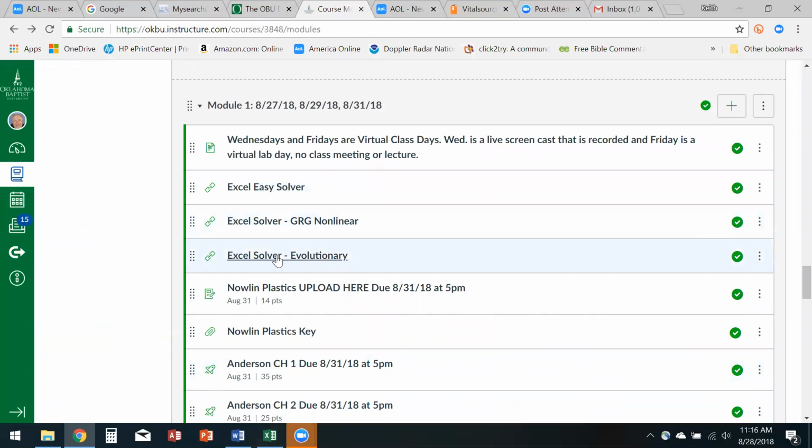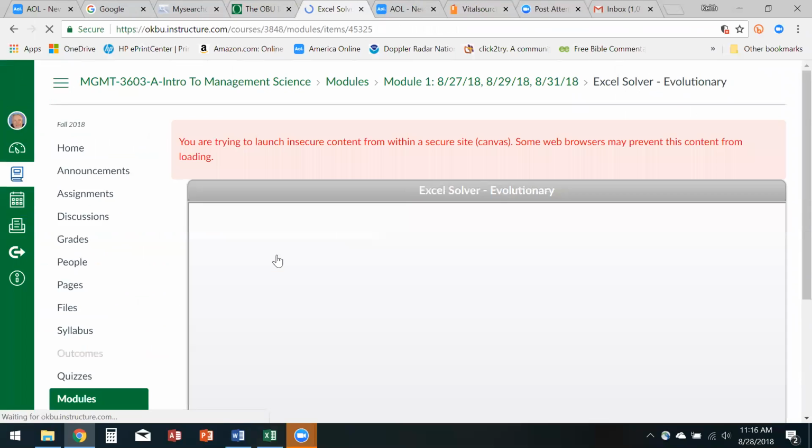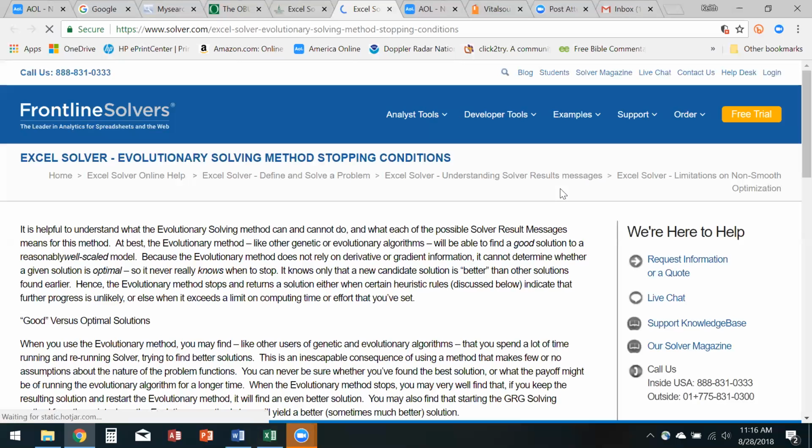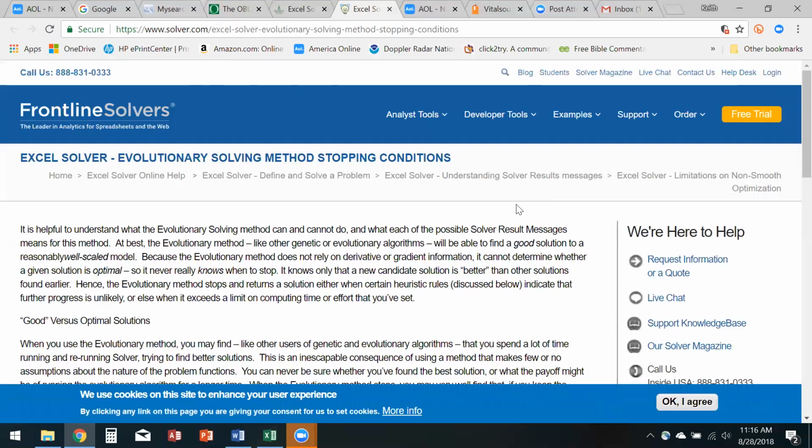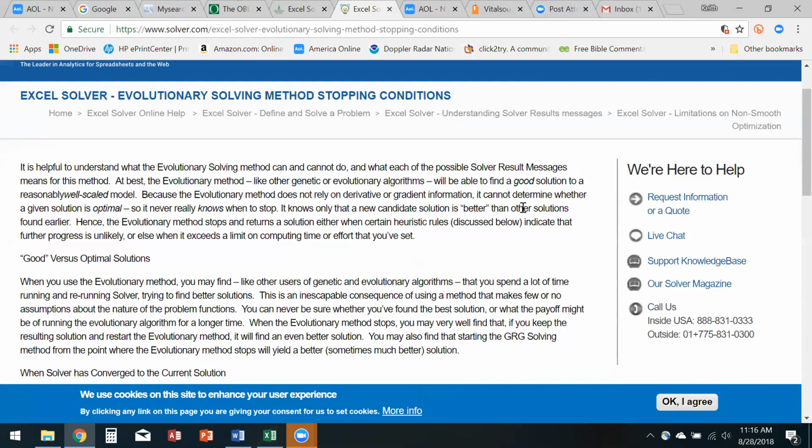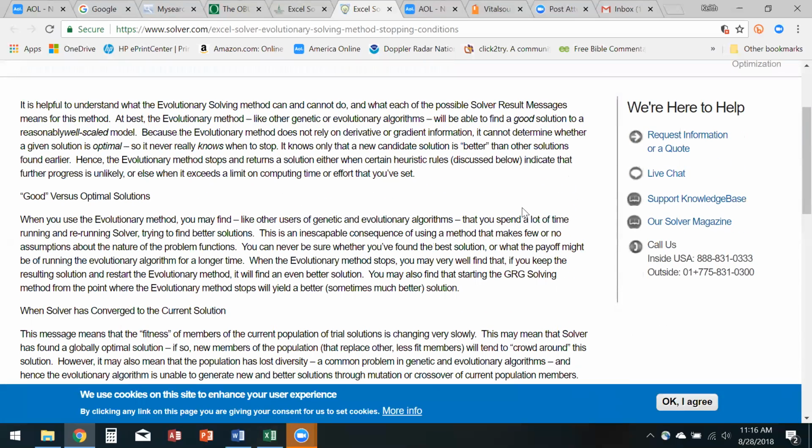And then here's Excel Solver Evolutionary. Let's take a look at it. And this talks about good versus optimal solutions. And what the evolutionary is, that approach in solver. The mathematics are way beyond where we want to go.